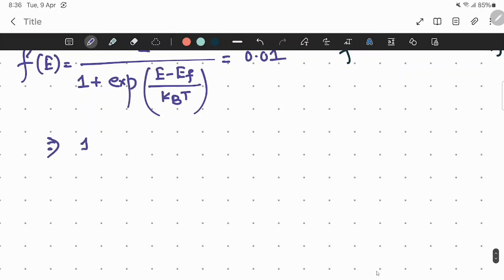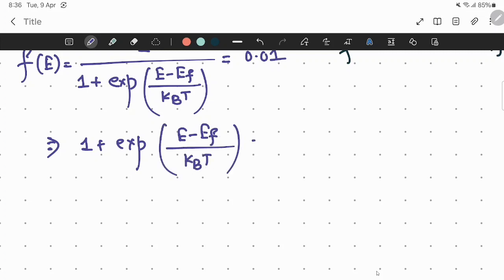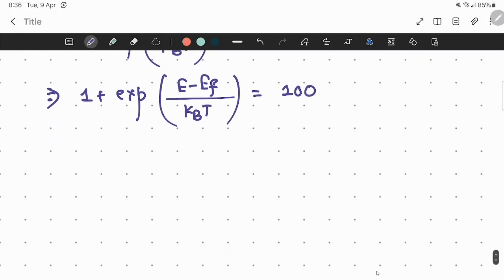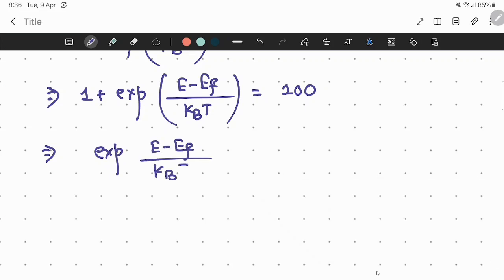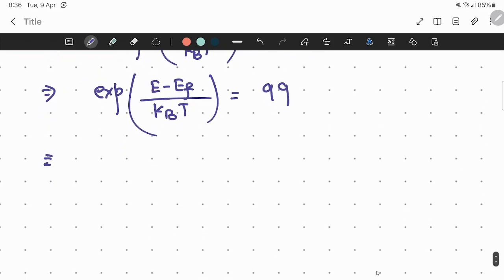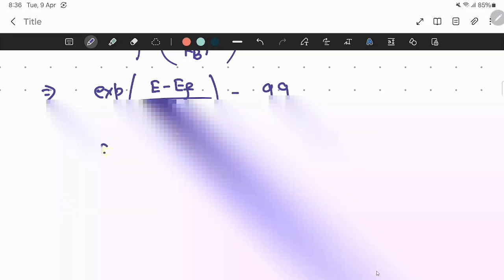So you can write 1 plus exponential is 100. So the exponential will be 99. Okay. So we have to take log on both sides.